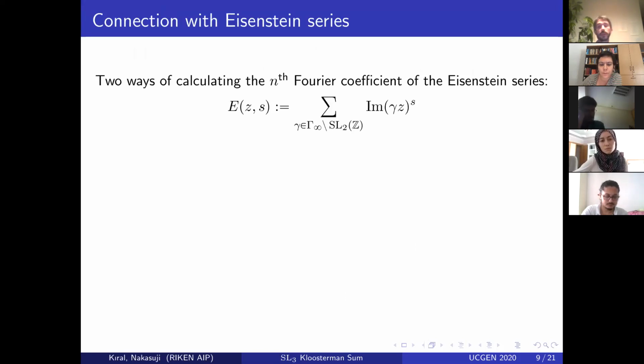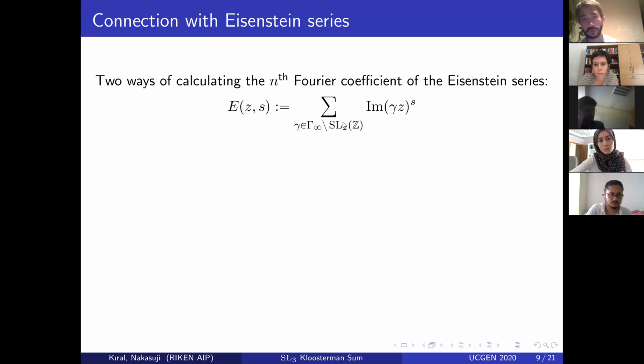One way to create an invariant function would be to average. So if I have E of gamma prime Z, then this would be the imaginary part of gamma gamma prime Z, and gamma gamma prime, as you run over gamma, will run over everything. I'm not averaging over all of SL2Z.